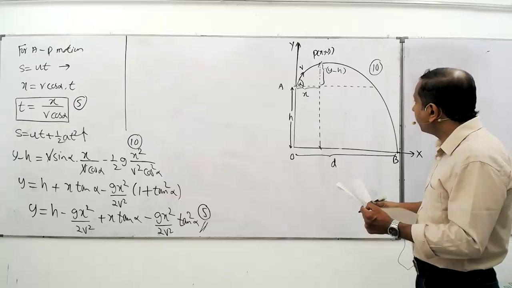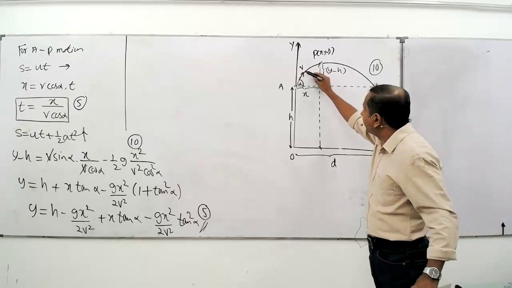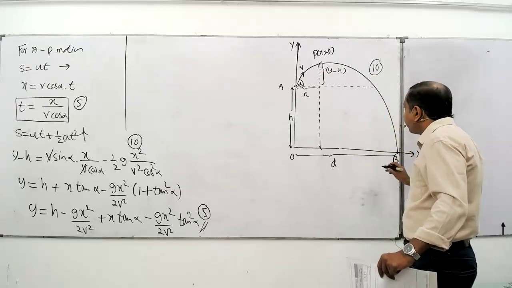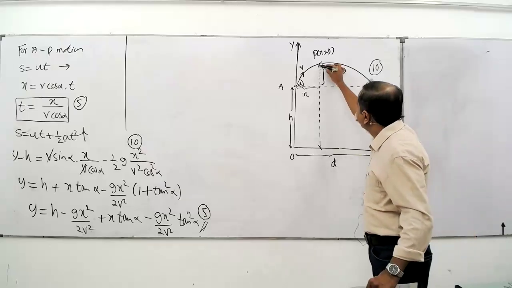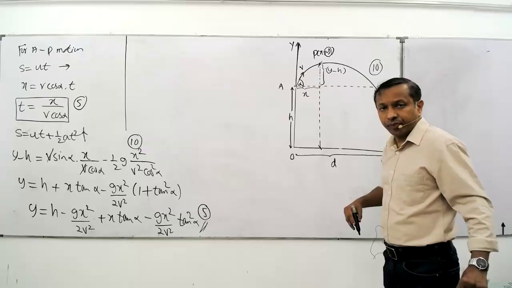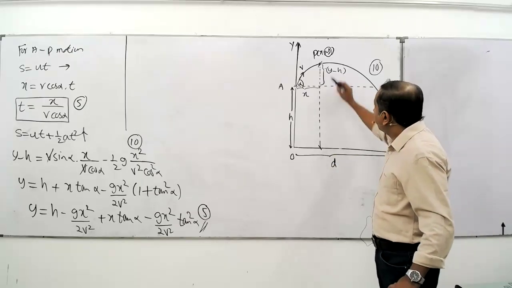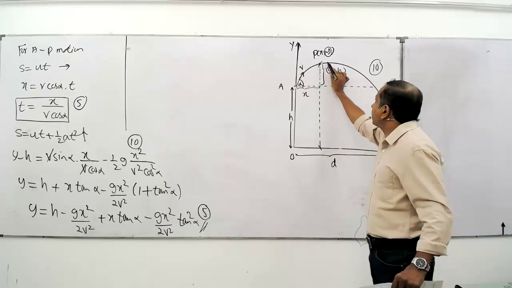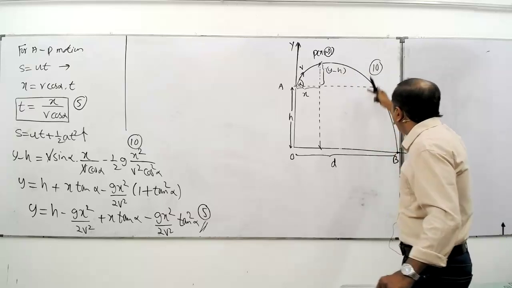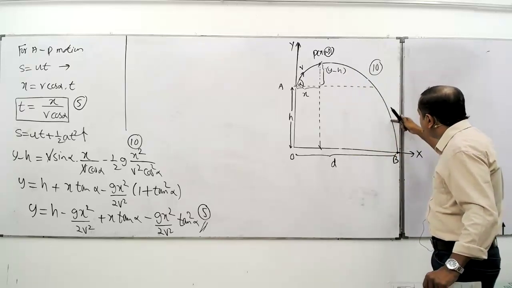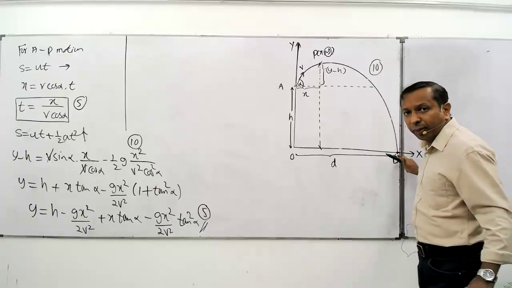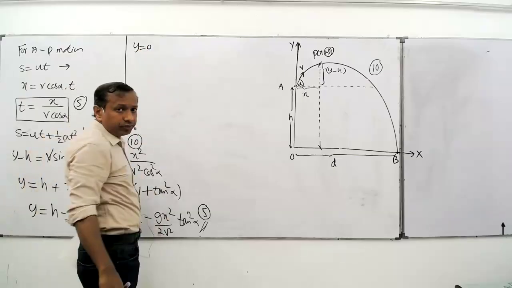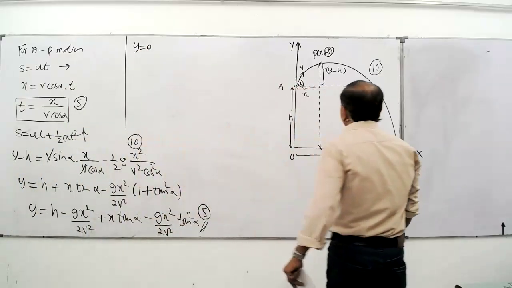Okay. Now, once the particle comes on the path, it is point B. The height is y naught. This height of the particle from the x-axis is y. Once the particle moves on the path like this, what happens to this height? This height will be coming to zero when it comes to the point B, y equals 0.